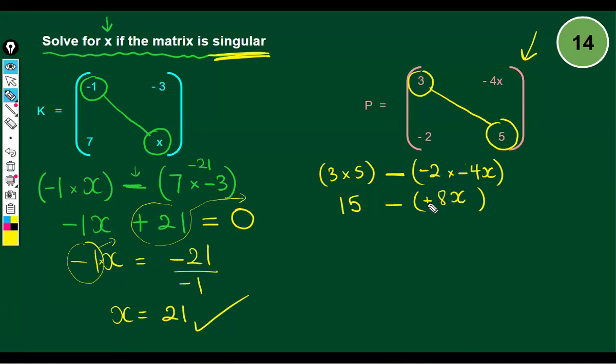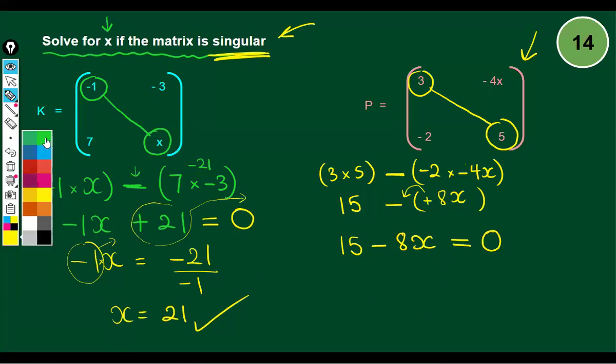So even if you decide to put a positive here, a positive and a negative is a negative. So you end up with 15 minus 8x. That's the expression I got for the determinant. Now we know it is singular. The examiner didn't make that a mystery. So we put the expression equal to 0 because for all singular matrices, the determinant has a value of 0.